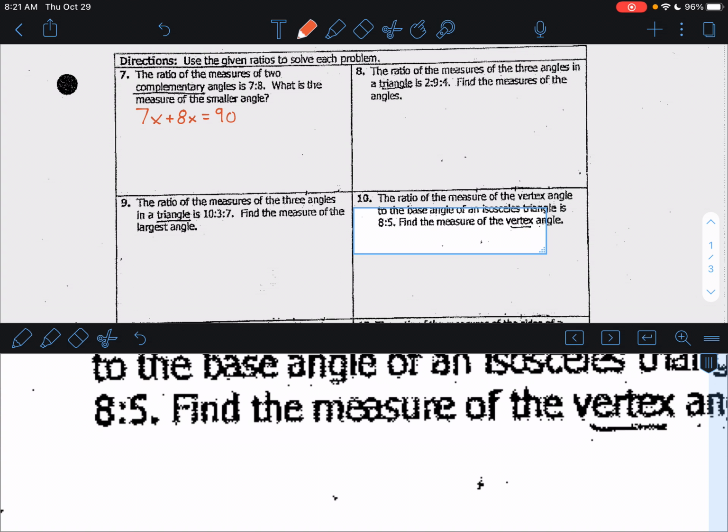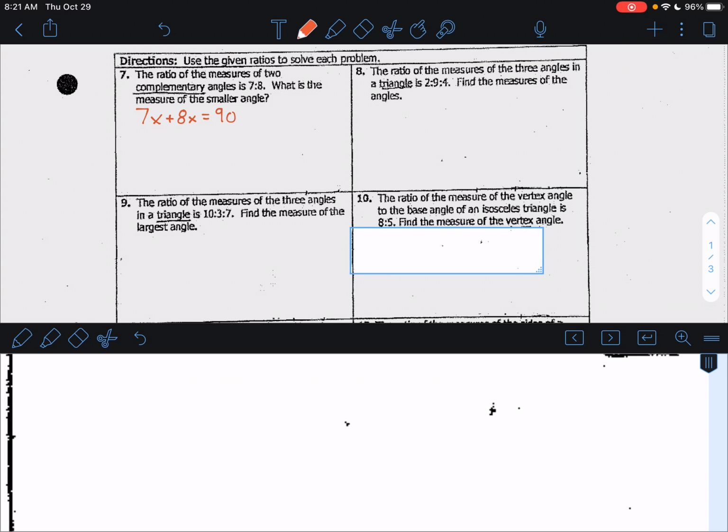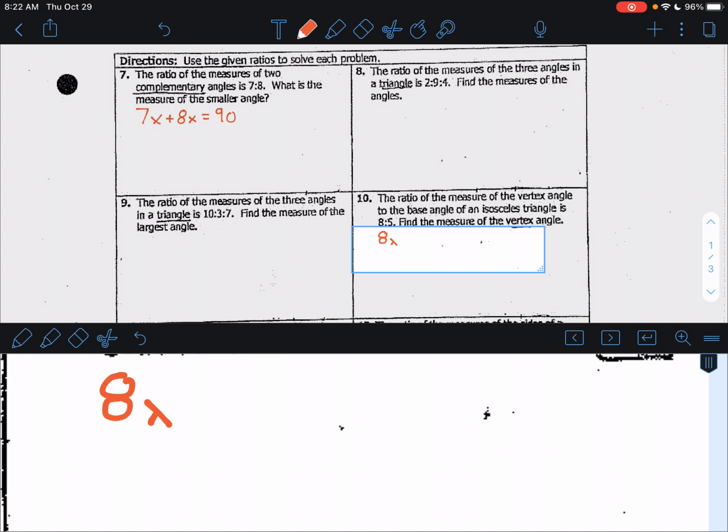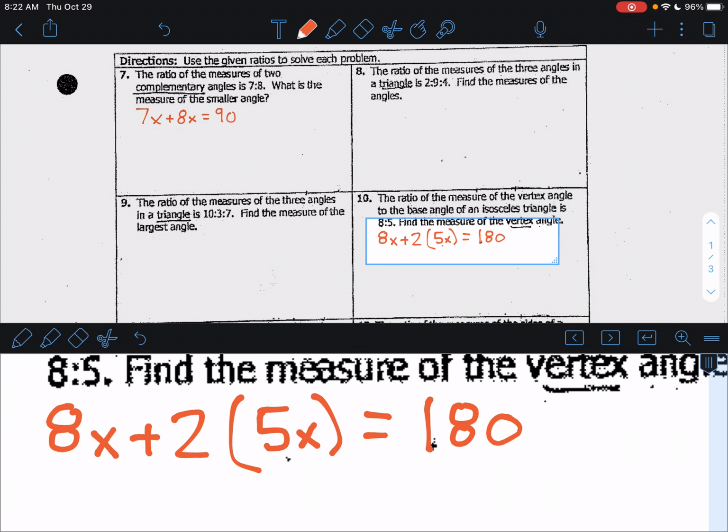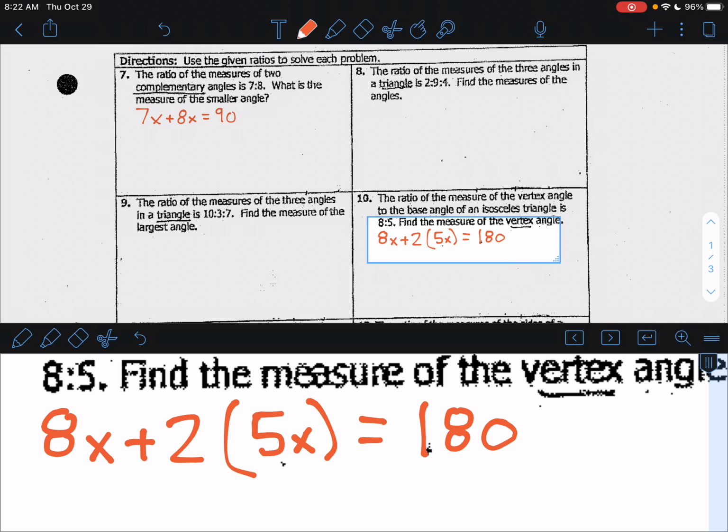So even though it only says 8 to 5, there are actually 2 5s there, because the other one would also be 5. So you would set this one up like 8x plus 2 times 5x equals, and let's see, they add up to 180. So there we go. That's how you would set up number 10. And to find the vertex angle, you're just going to solve for x and then plug it into that 8x.